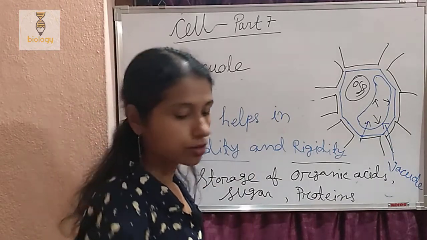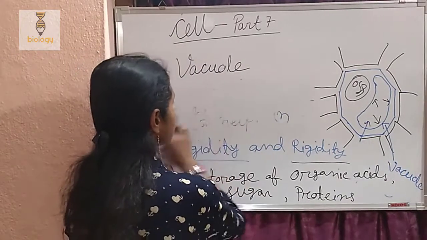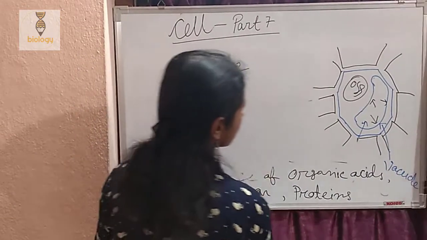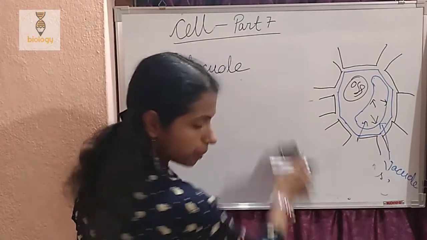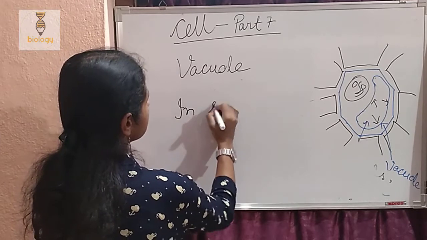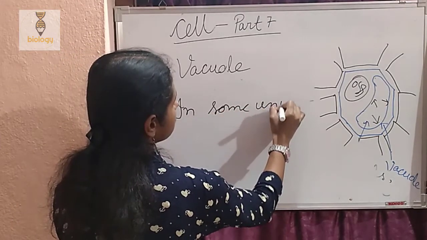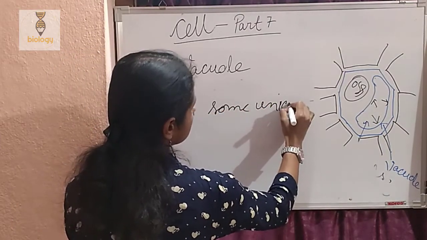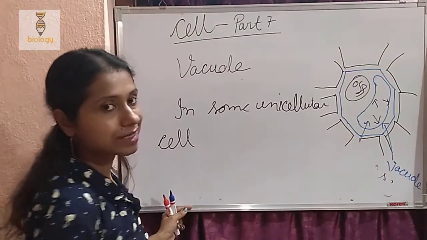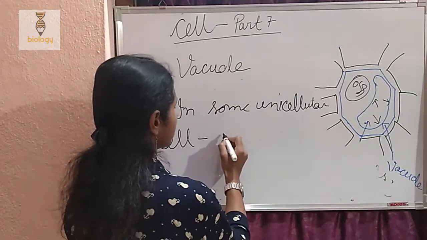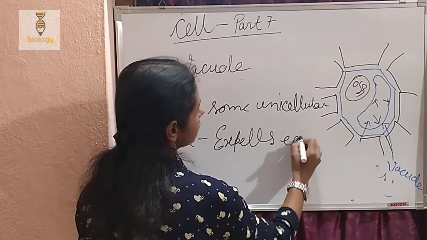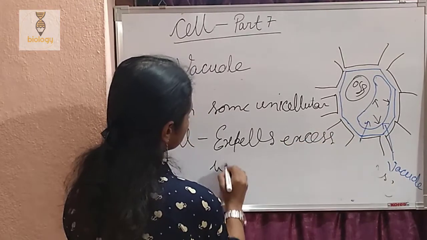In some unicellular cells, some vacuoles are present which expel excess water and waste material.